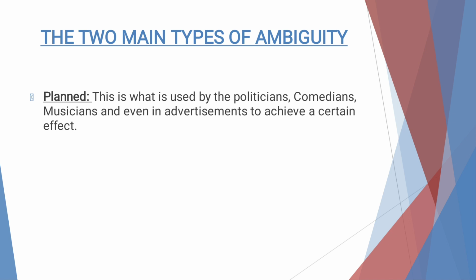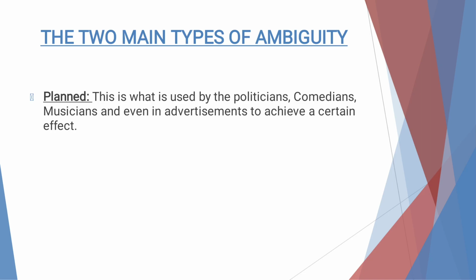But the way he said it was nice, in such a way that if you don't commit it to much thought, you won't see it. So in music, that one also happens a lot. So that one is the planned ambiguity.